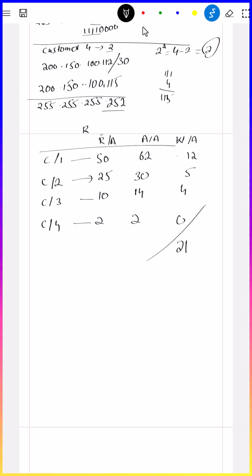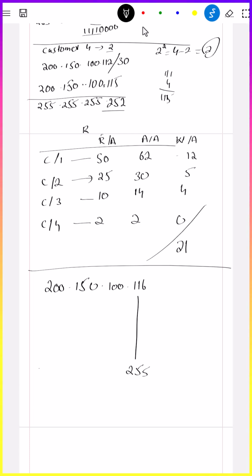And we are where? 200.150.100.116 till 255. Still this many addresses are available with us.